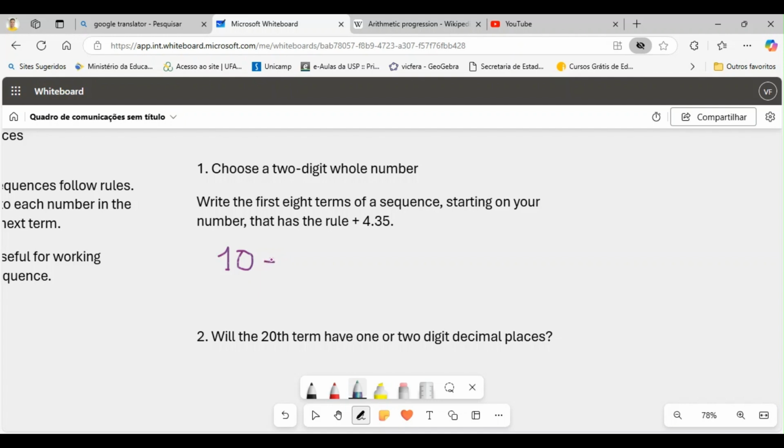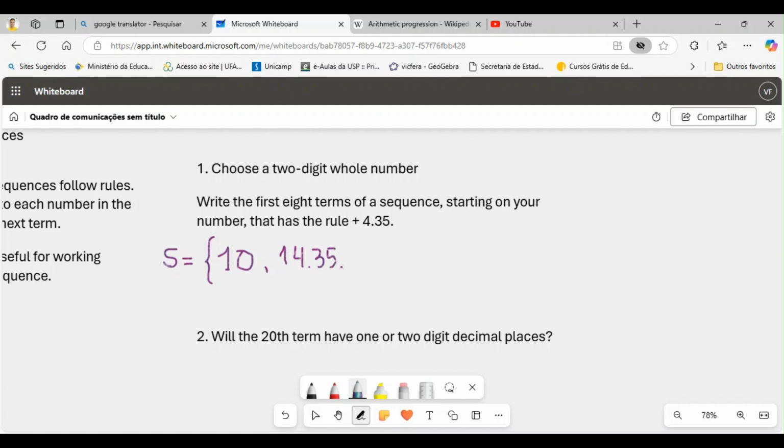So for the second number, I'm going to add a comma over here because it's a sequence, and then we can also illustrate that with an S, like with this symbol. Okay, 10, and then the second will be 14.35.